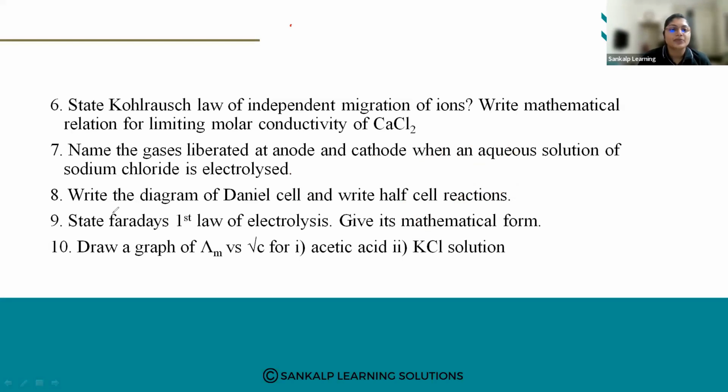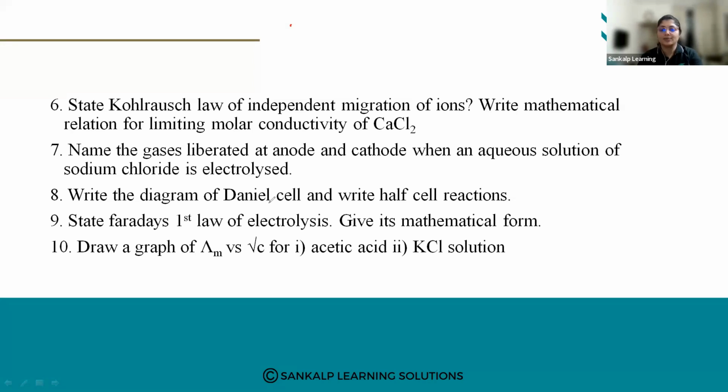Next is, draw a diagram of the Daniell cell and write the half cell reactions. What are the half cell reactions? Did you see the Daniell cell, how it looks?